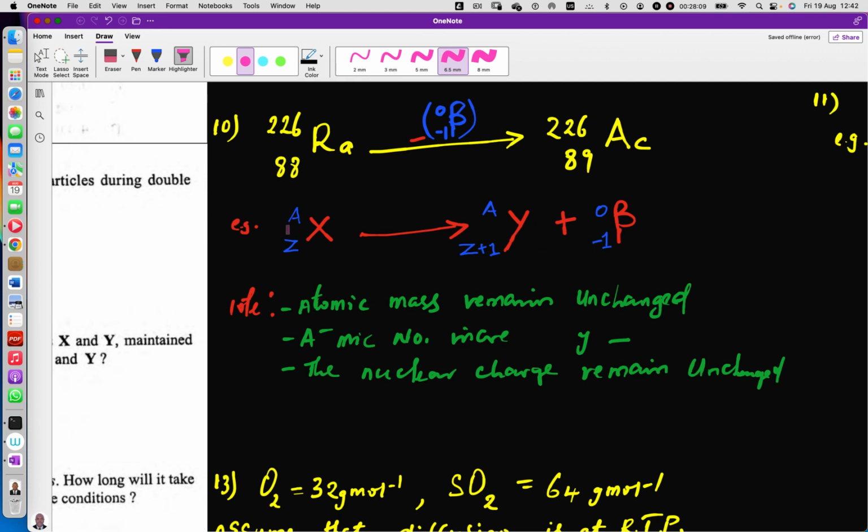So the element X has the mass number A and the atomic number Z. If it undergoes a beta emission during this nuclear reaction, the mass number will remain unchanged, and the atomic number will increase by 1. Oh, there was an error here.